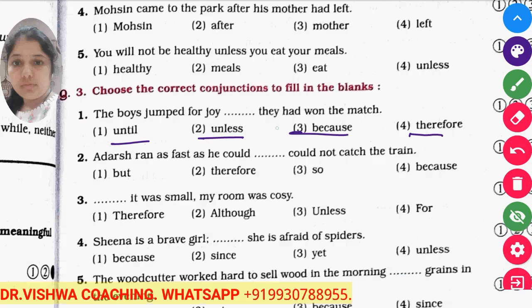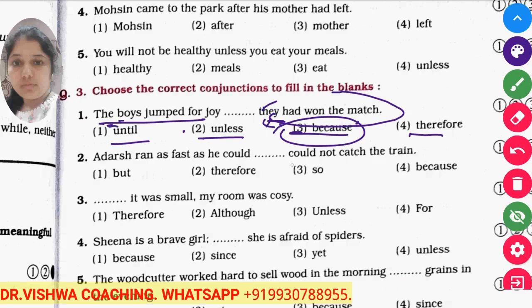So here again the correct conjunction word is because, he is doing some action in reaction to another action. As they won the match, he jumped for joy. So the boy jumped for joy because they had won the match is the correct option here.